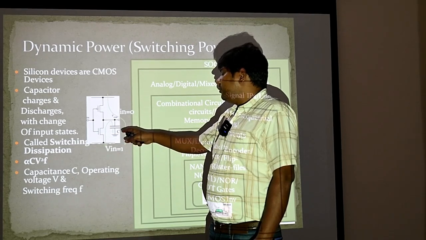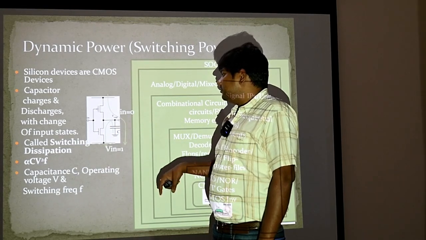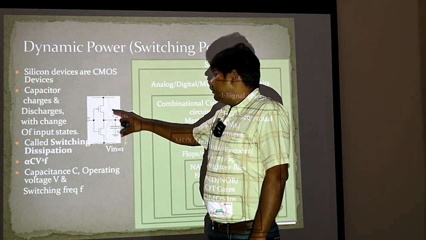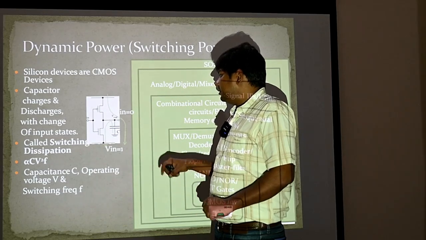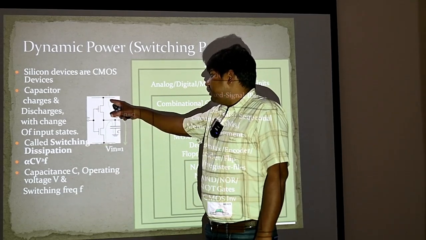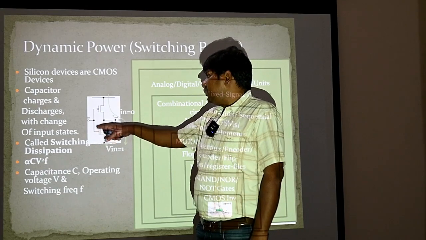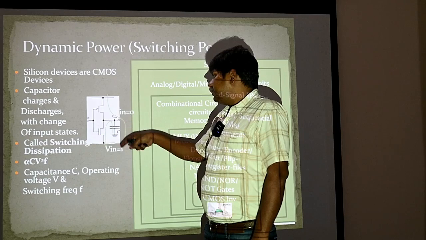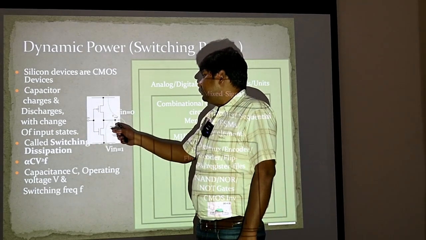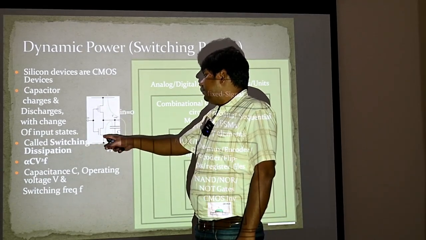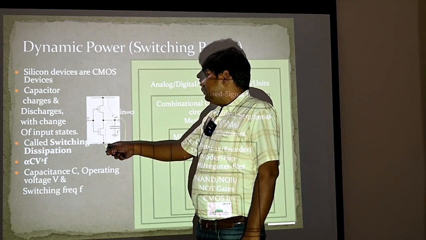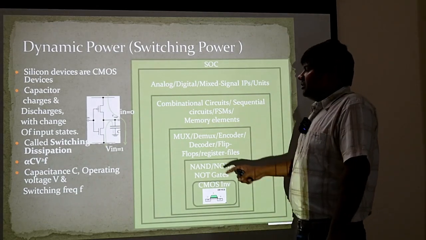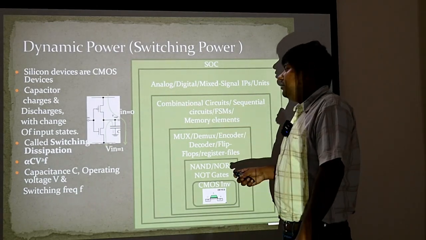This capacitance is formed by interconnects, and some part of silicon also has a role, but ultimately it is a combined effect of capacitance that we are talking about. So there will be a charging phase where say output becomes 1 when PMOS is on, and this capacitor gets charged, and when state changes and PMOS turns off and NMOS turns on, this capacitor will discharge to ground and output becomes 0. So that switching causes power consumption, power dissipation.